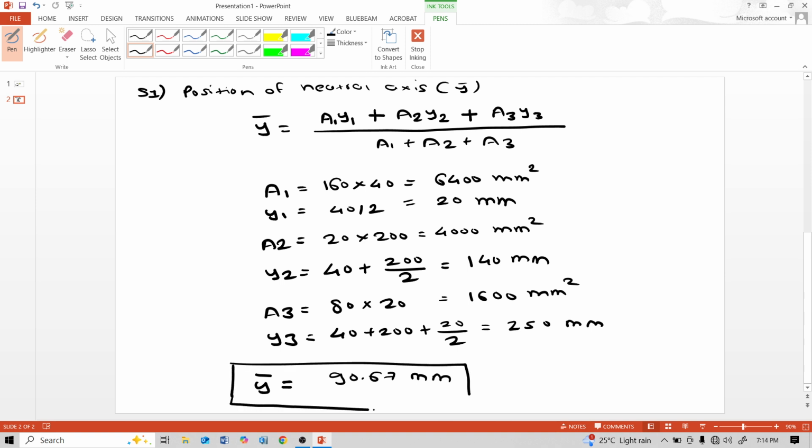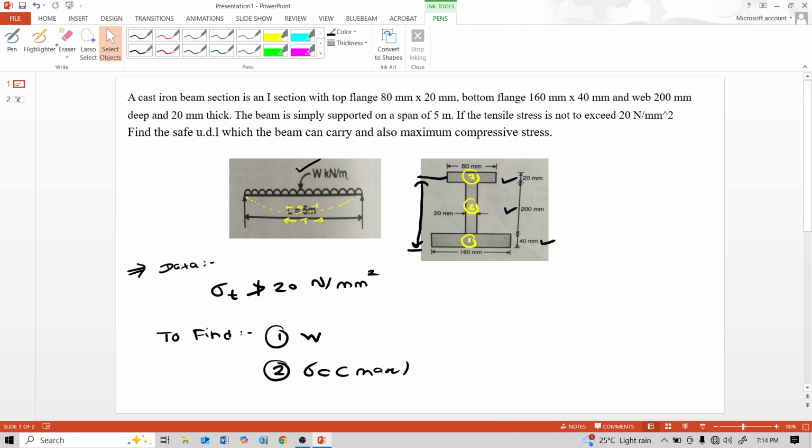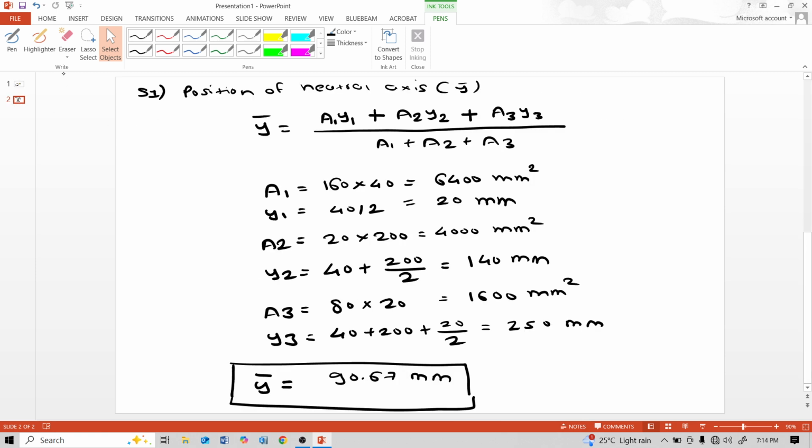So y bar is 90.67 mm for that cast iron I section. Next step is to calculate the moment of inertia.